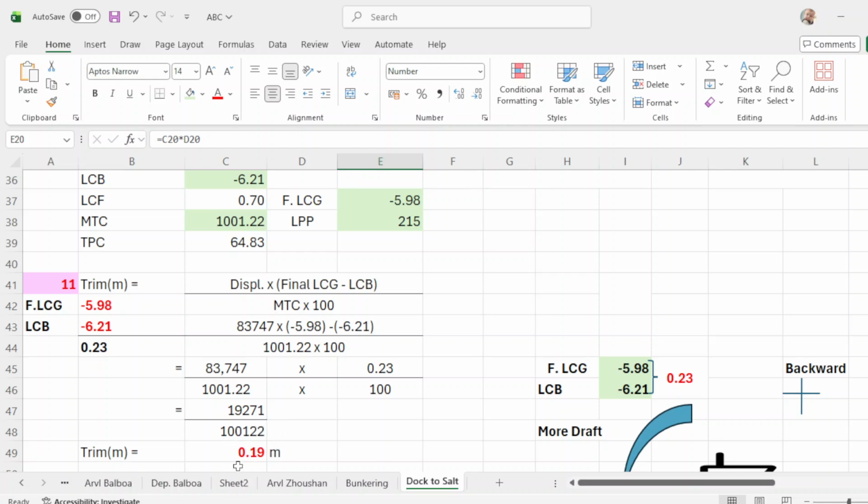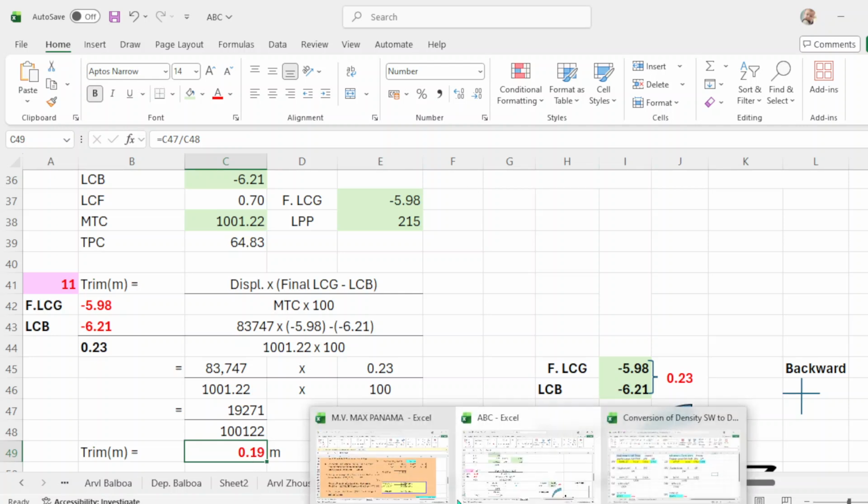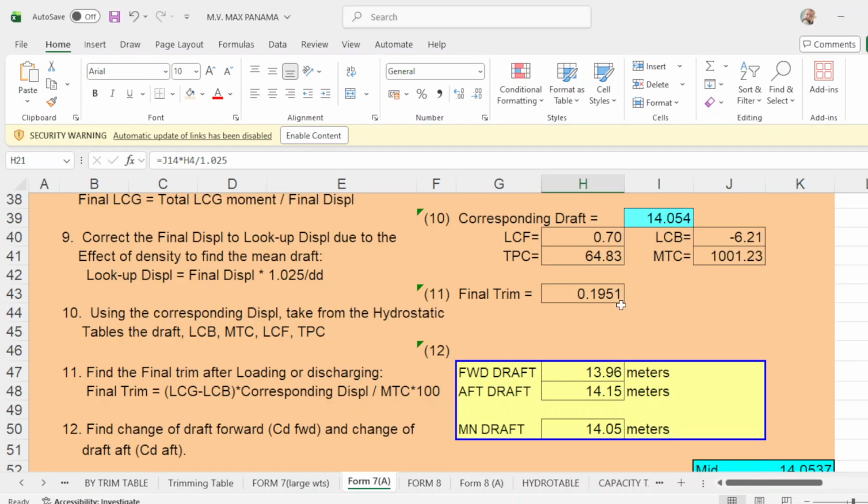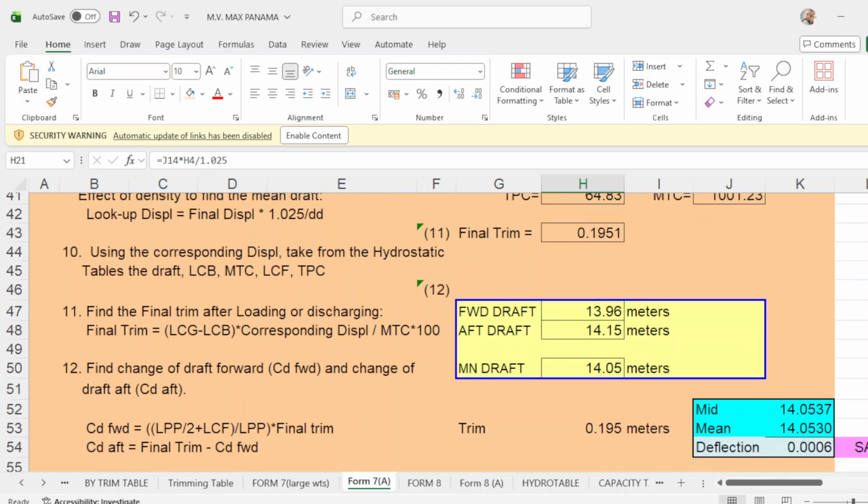Divide this one, then your trim will be 0.19. Okay, 0.19, and the program says 0.1951.